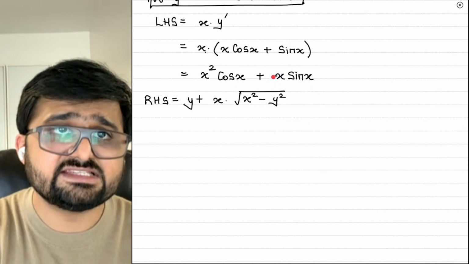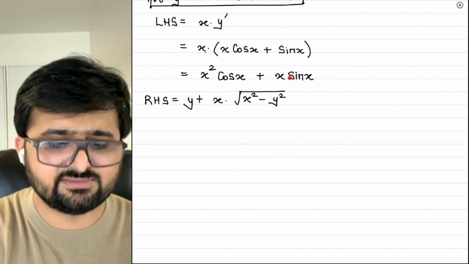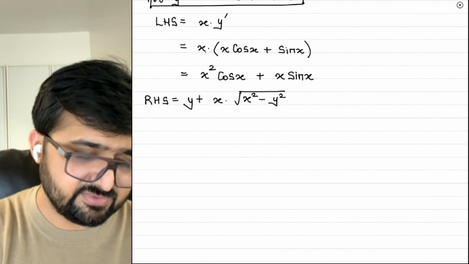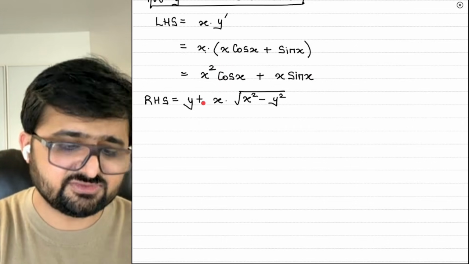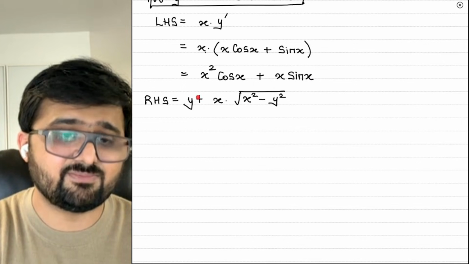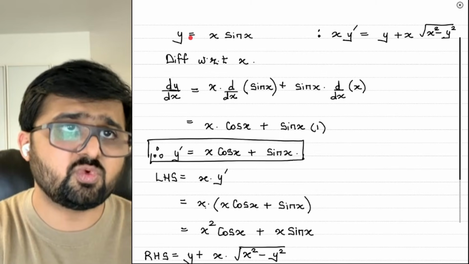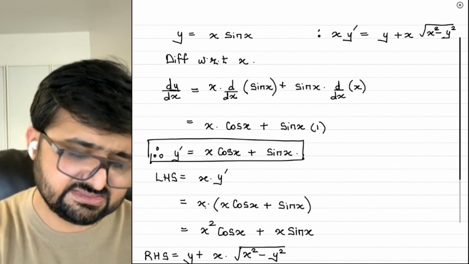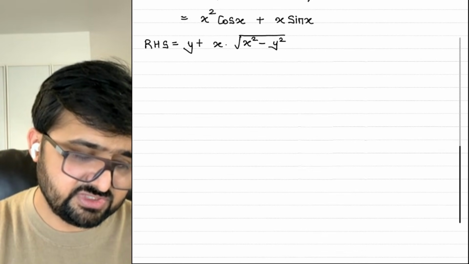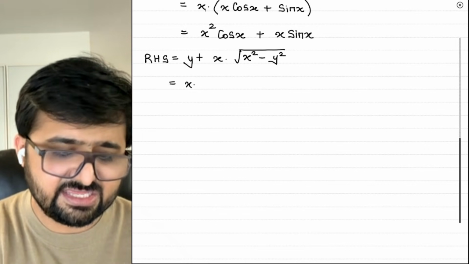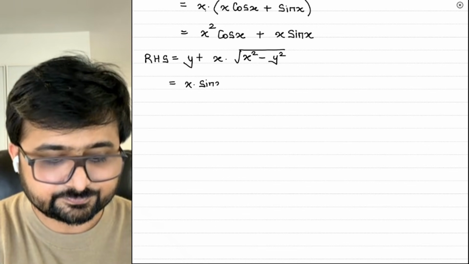Notice that in LHS, there are all x terms. There is no y term at all in your LHS. So that's what we'll do here. We'll try to replace that y with the given equation. Since we know the given equation, y is equal to x sine x, we'll replace that y with x into sine x.